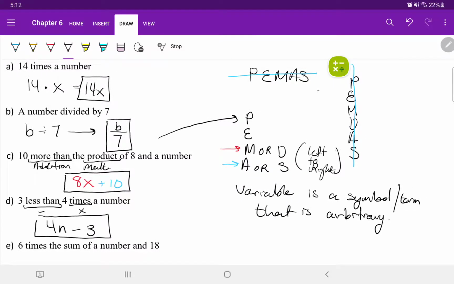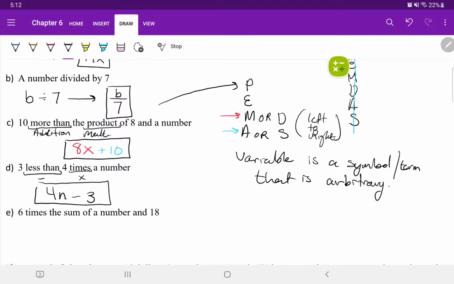And we're going to do letter E, because letter E is a little bit more complicated. So I want us to read it clearly. This says 6 times the sum of a number and 18. That means the 6 is being multiplied to the number, and the 6 is also being multiplied to the 18. The 6 is being multiplied to the sum of the number and 18.